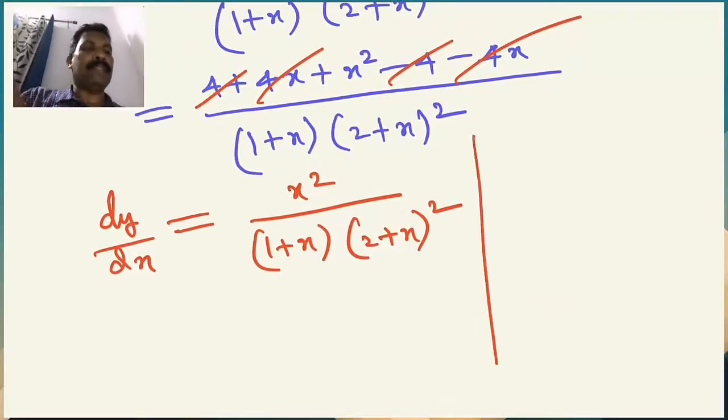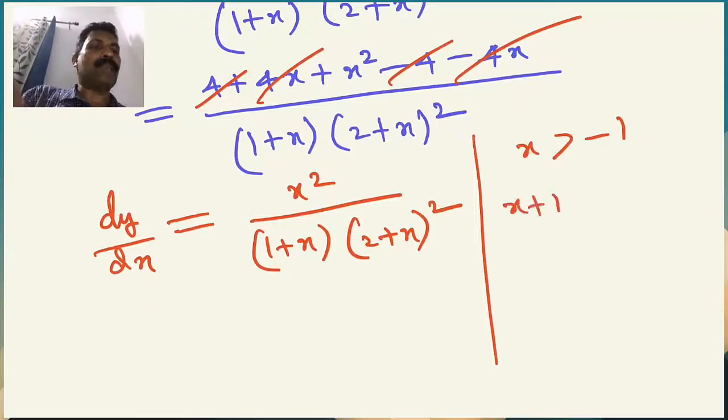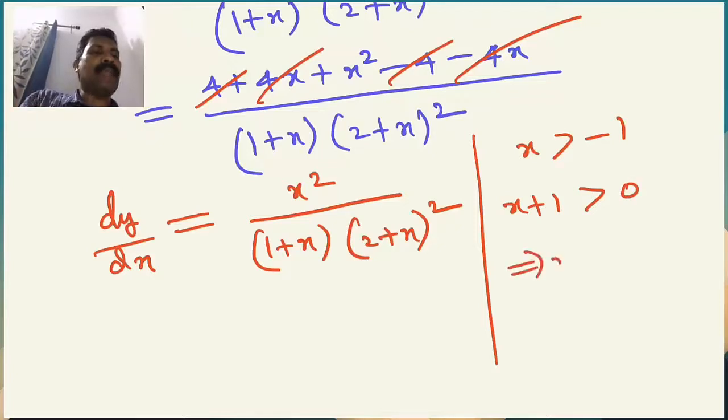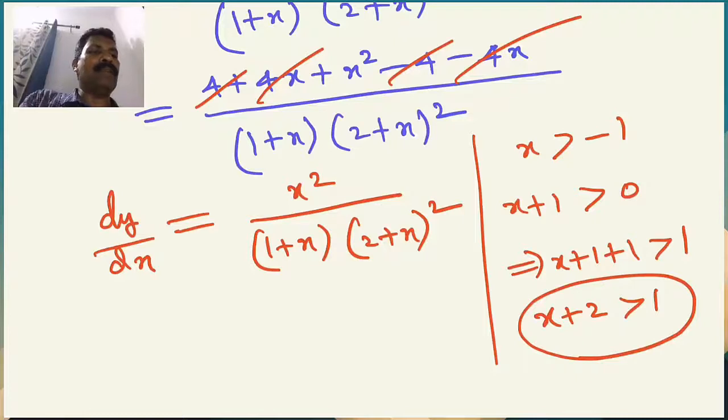Now let us analyze. We are given x greater than negative 1, meaning x plus 1 is positive, which implies x plus 1 plus 1 is greater than 1. So x plus 2 is greater than 1.